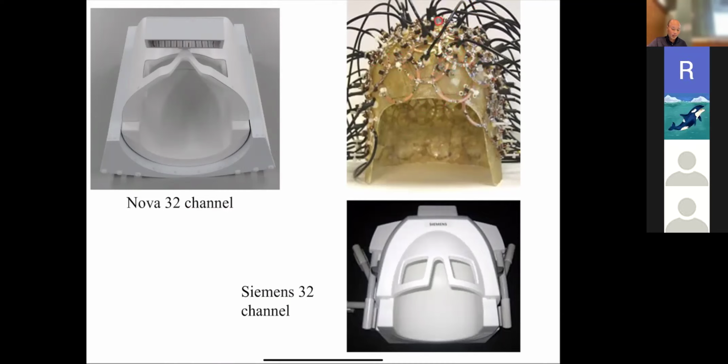Then after they showed that this worked pretty well, they worked with Siemens, and this is now the commercial version of that coil. Obviously a lot more ergonomic. But every coil typically starts off like this.